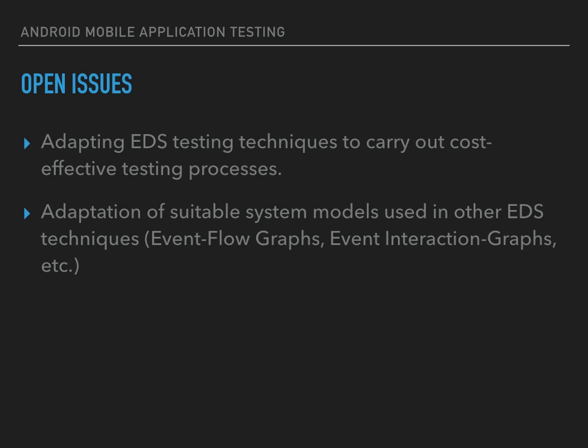Okay. So now that I've given you a quick run around on the background of how Android applications are built, we're just going to go over a few open issues. Just like other EDS applications, and again, EDS is event-driven software, there are already several testing approaches available, but those techniques may not suit Android application testing, simply because of the different types of user inputs.